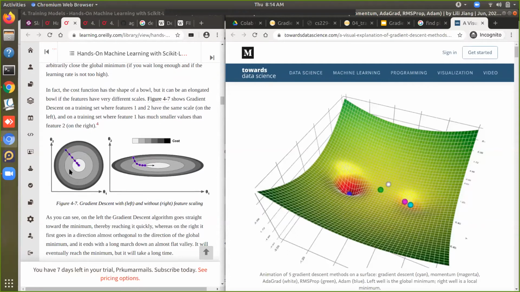Why is it circular in nature? Because the function that we have chosen for minimization is a squared form. The equation of a circle is parameterized with radius.